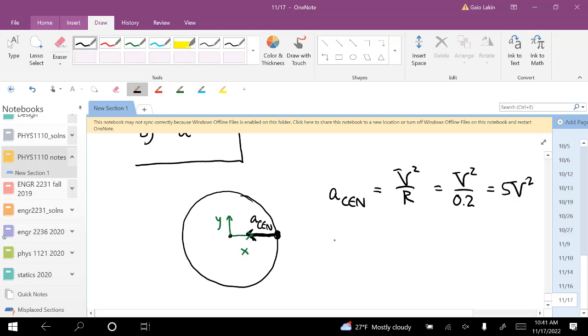And so we can use this to come up with the centripetal acceleration vector. Notice that's pointing in the negative x direction. So this is negative 5 v squared, 0 for y. So we don't numerically know the centripetal acceleration vector, but if we calculate v, we'll be able to plug it in and then we'll know it.